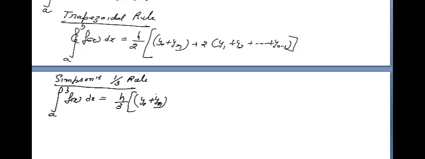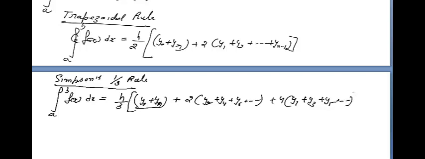All the even ones, meaning y2, y4, y6 and so on, you will add twice. And all the odd ones, meaning y1, y3, y5 and so on, 4 times.